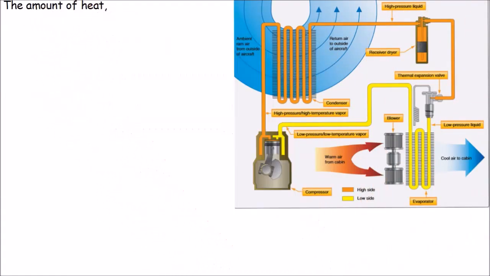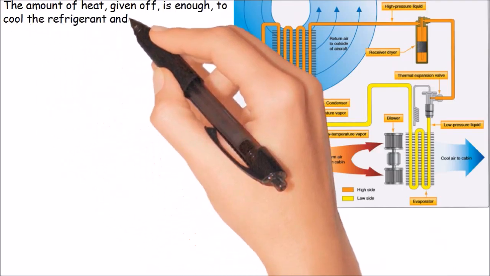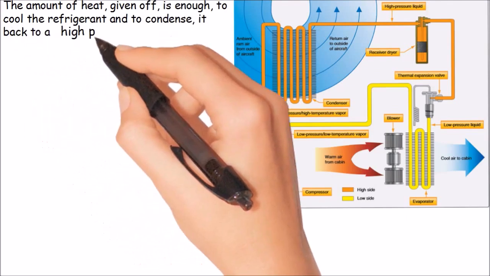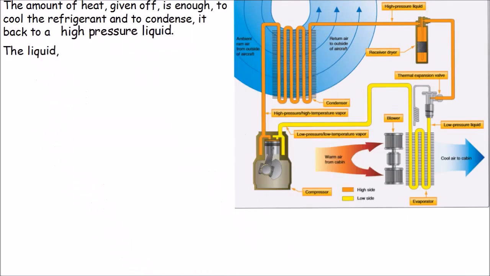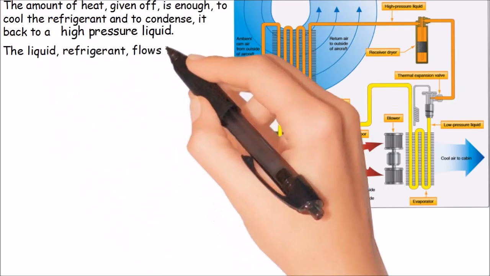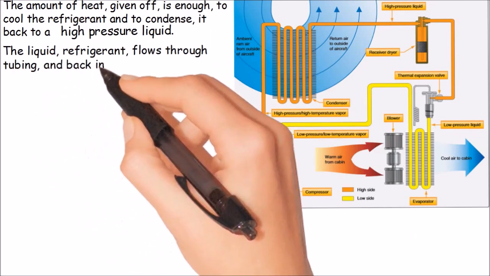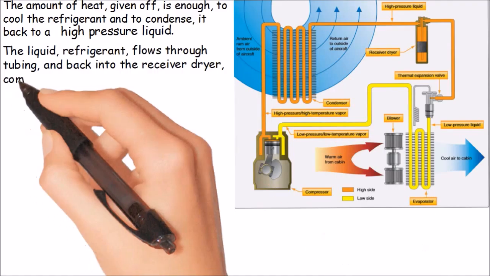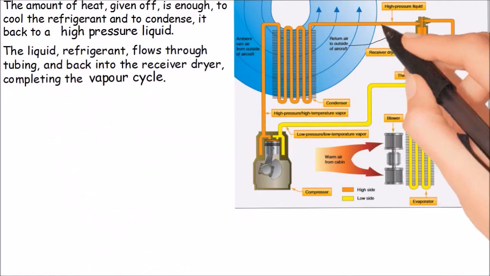The amount of heat given off is enough to cool the refrigerant and to condense it back to a high-pressure liquid. The liquid refrigerant flows through tubing and back into the receiver dryer, completing the vapor cycle.